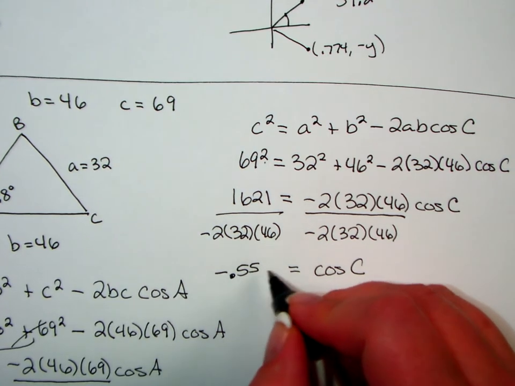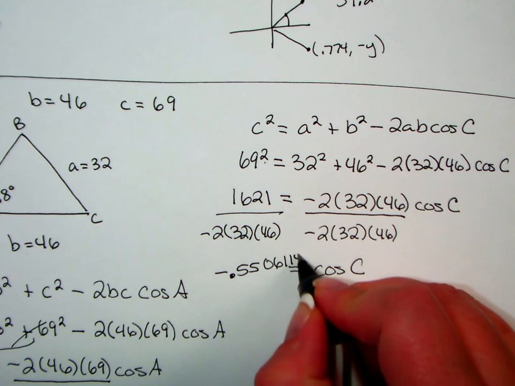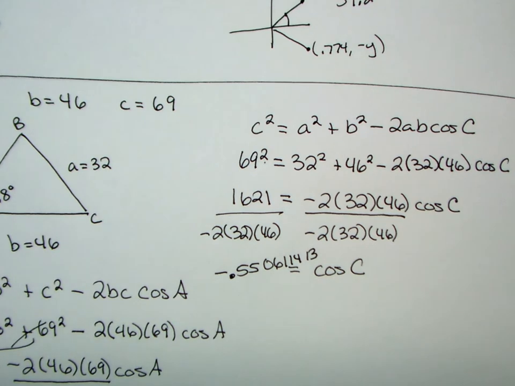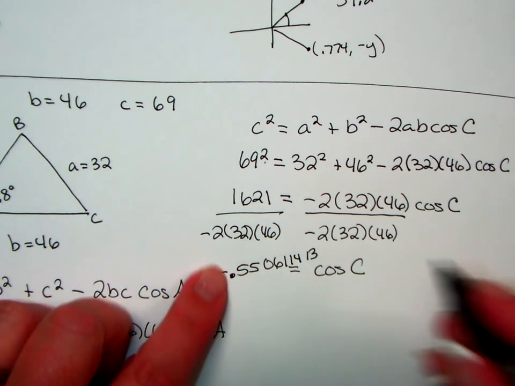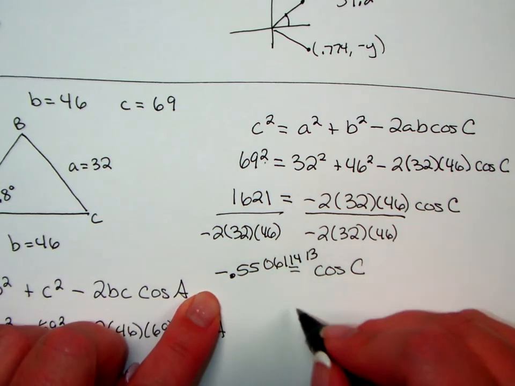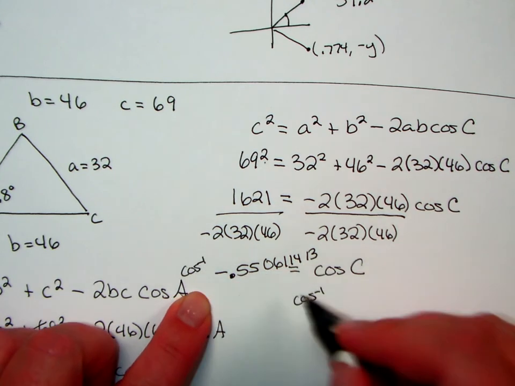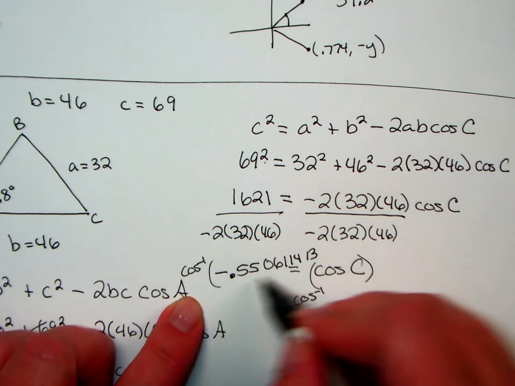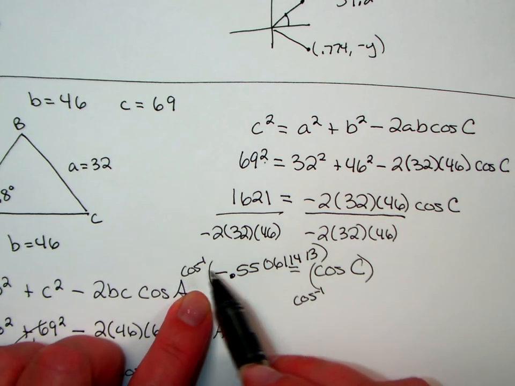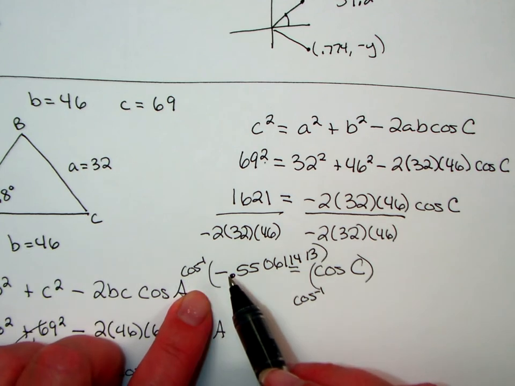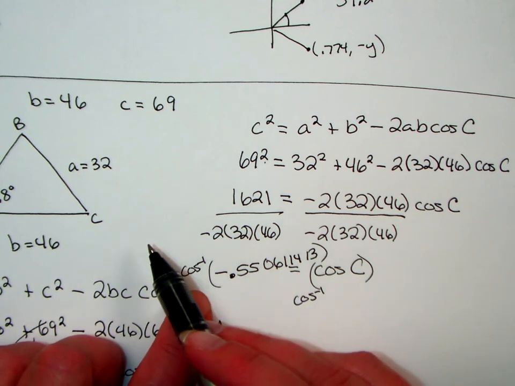Is this going to work? Right, can you cosine inverse this? It's between negative 1 and 1, right? This is the first time we've gotten a negative over here. But that is okay. Because remember, if cosine inverse has a negative ratio, that means that angle's in quadrant 2.